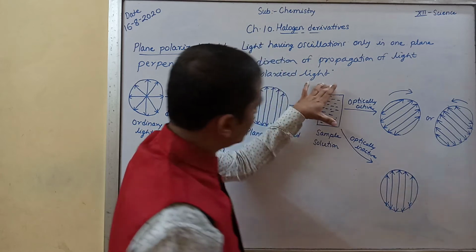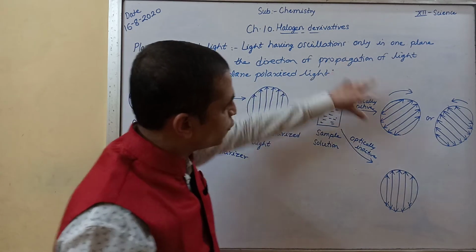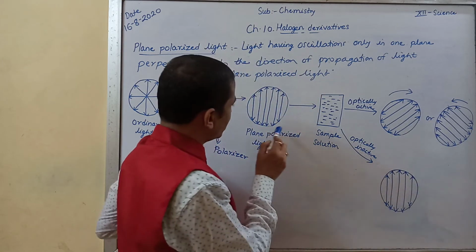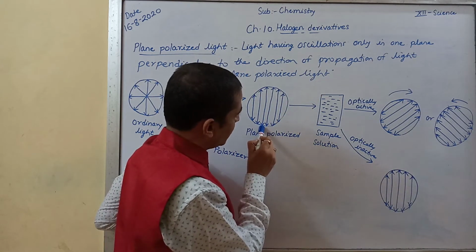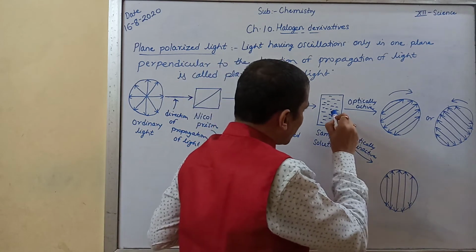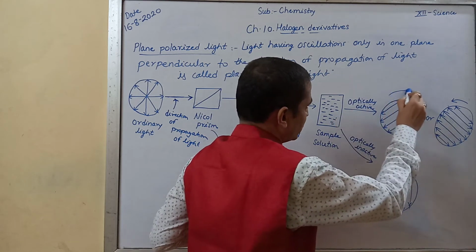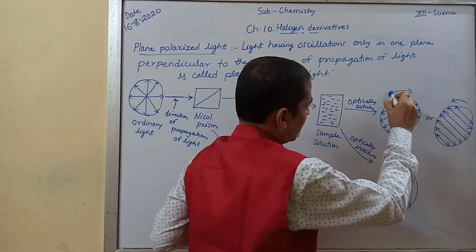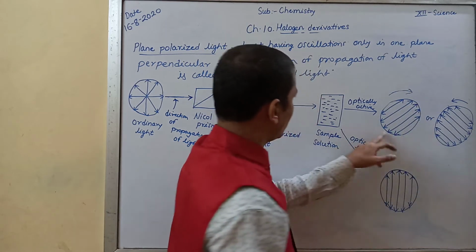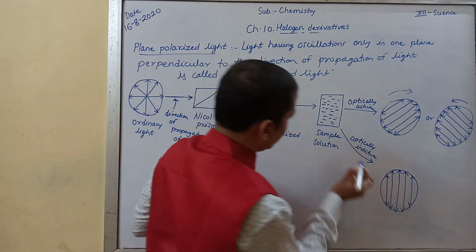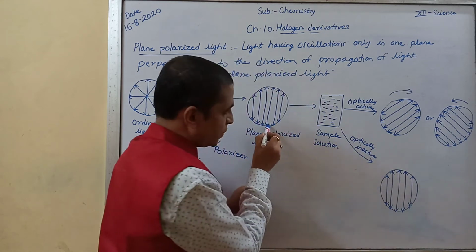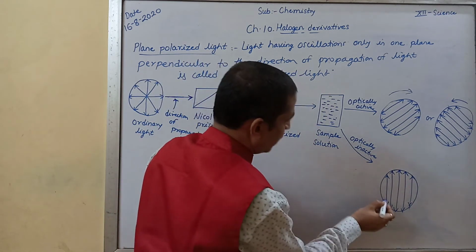If the sample solution is optically active, then you get this type of oscillations, because when this plane polarized light passes through the sample solution, the transmitted light has a different oscillation than the original one. But if the sample solution is optically inactive, then there is no change in the oscillation of plane polarized light.